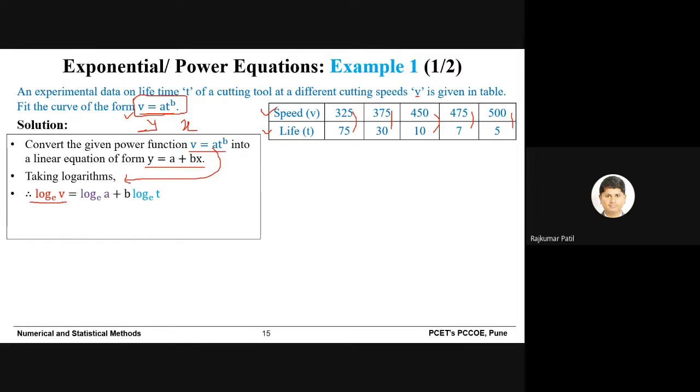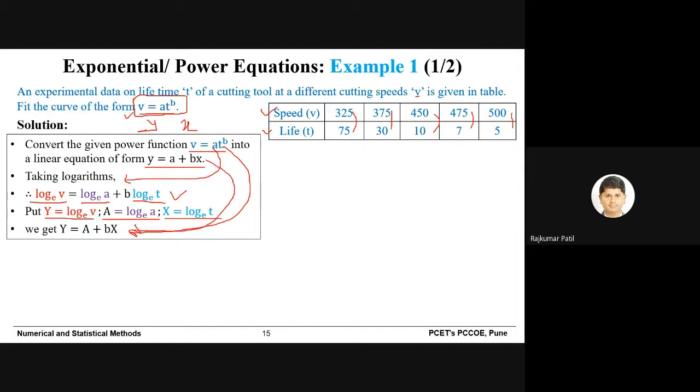So here log v is equal to log a plus b log t. This is the simplified version. Again, in this equation, we put log v equal to capital Y, log a equal to capital A, and log t equal to capital X. When you do that, you will get Y is equal to A plus bX. So this is the linearization of this non-linear curve.